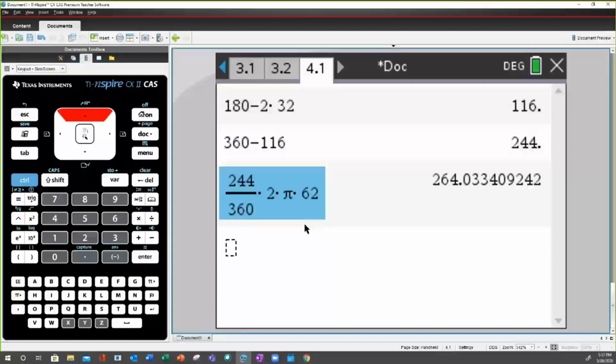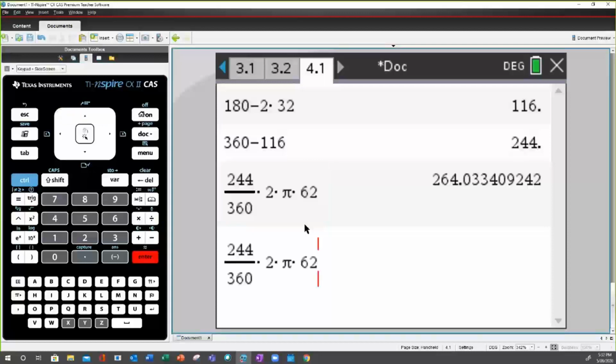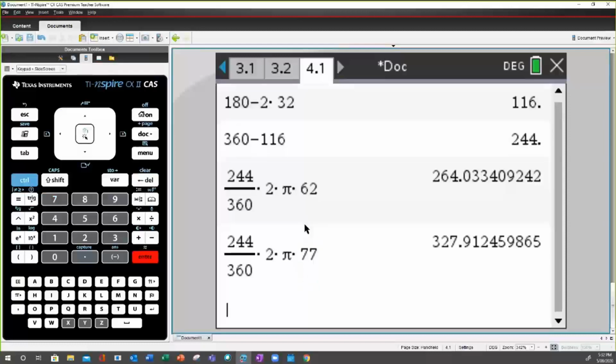You can just arrow up, select what you want to copy, press enter, bring it back down, and we're simply going to change the radius of the outer circle. It was, if you remember, 62 plus 15, which is 77. Enter. We've now got 327.9 or so.